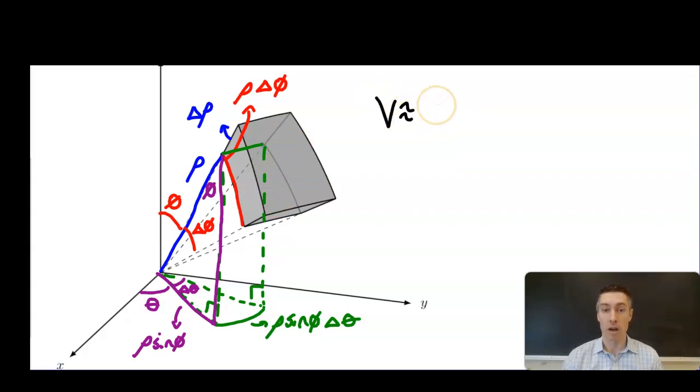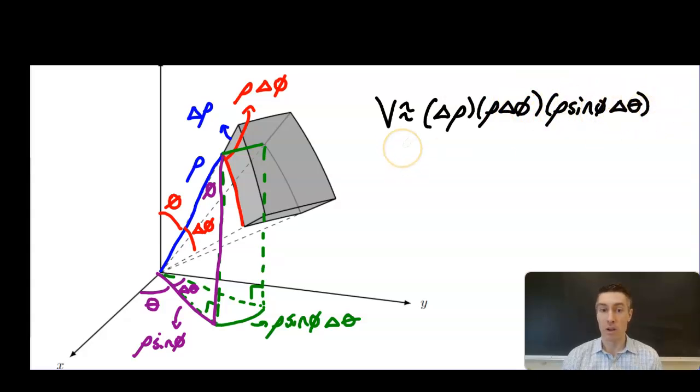So that means the volume is approximately delta rho times rho delta phi times rho sine phi delta theta. Rearranging this, we get rho squared sine phi delta rho delta theta delta phi.